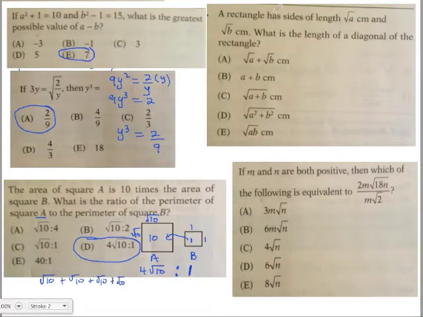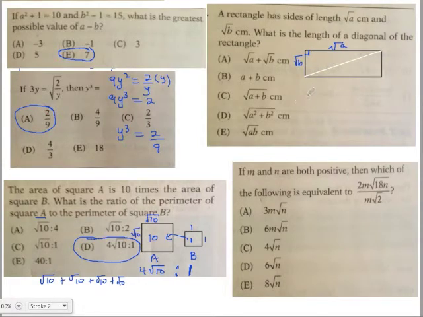Next one. A rectangle has sides of length root A and root B. So let's go ahead and sketch out a rectangle. And the sides are root A and root B. And the question is, what is the length of the diagonal? And you know that the corners of a rectangle are 90 degrees.